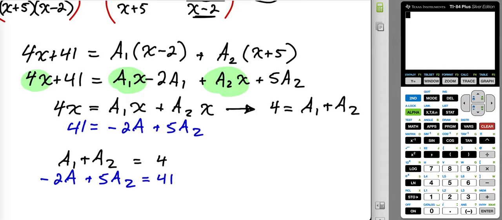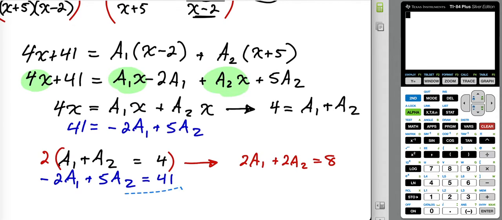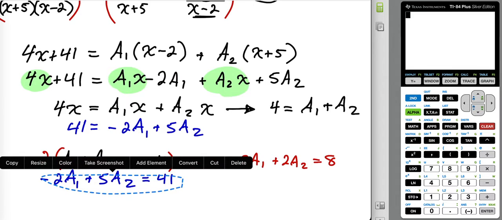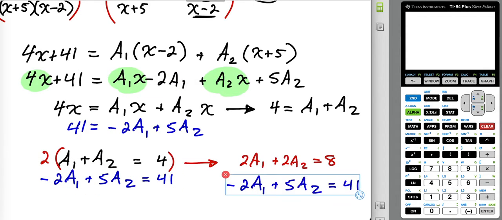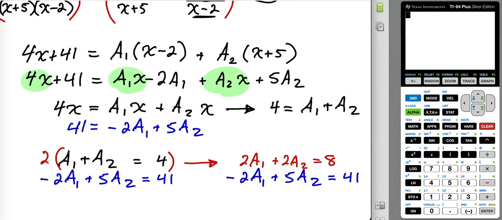So I'll multiply the first equation by 2. So 2a1 plus 2a2 equals 8. Add that to this bad boy right here, and you're going to get 7a2 is 49, which means a2 is equal to 7.